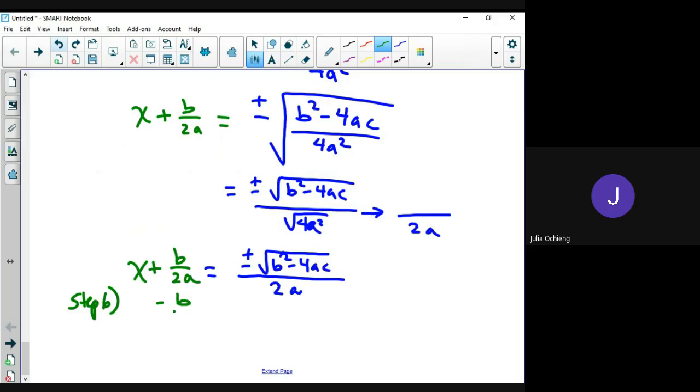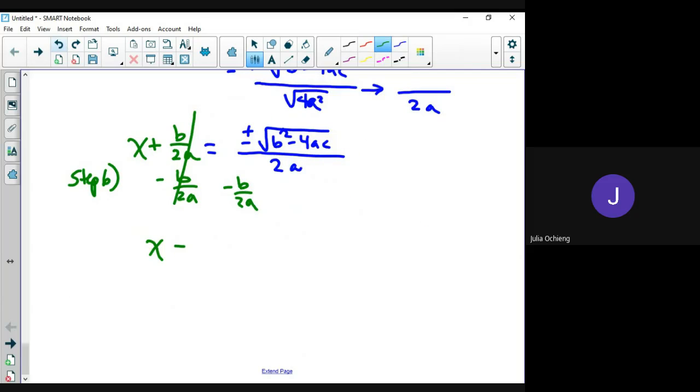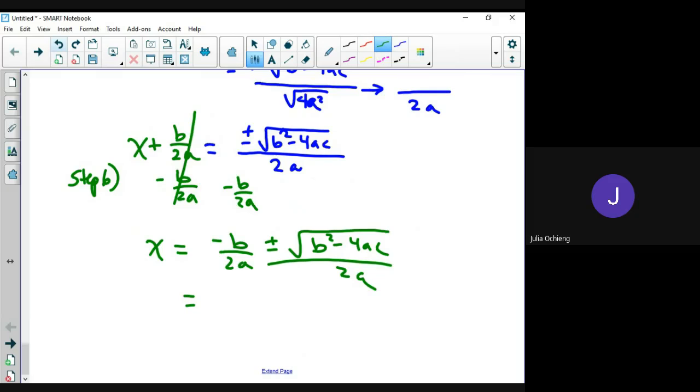So to solve for x, I'm going to put a negative b over 2a in the front here. Cancel that out. x equals negative b over 2a plus or minus square root of b squared minus 4ac all over 2a. And then I'm just going to combine it into one fraction, see if you can do that.